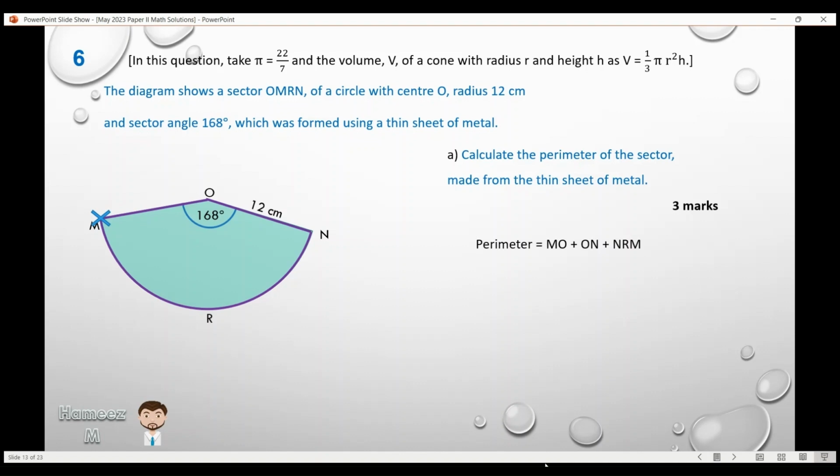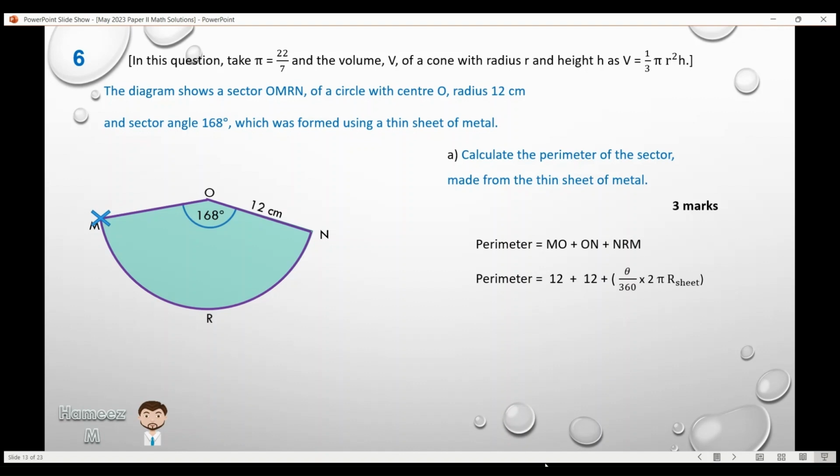We know the first two are radii of the circle, which means that it's 12 plus NRM, the length of an arc. And if we recall in our formula sheet that is given, the length of an arc will be whatever angle is being formed out of 360 multiplied by the circumference, 2 pi r, r being the radius of this sheet of metal.